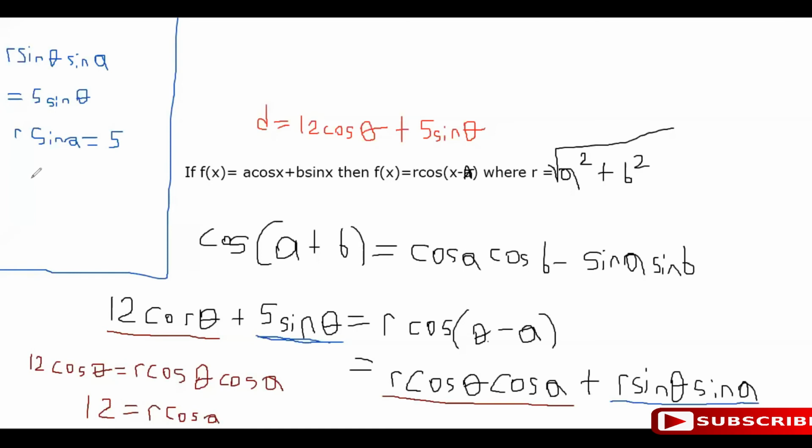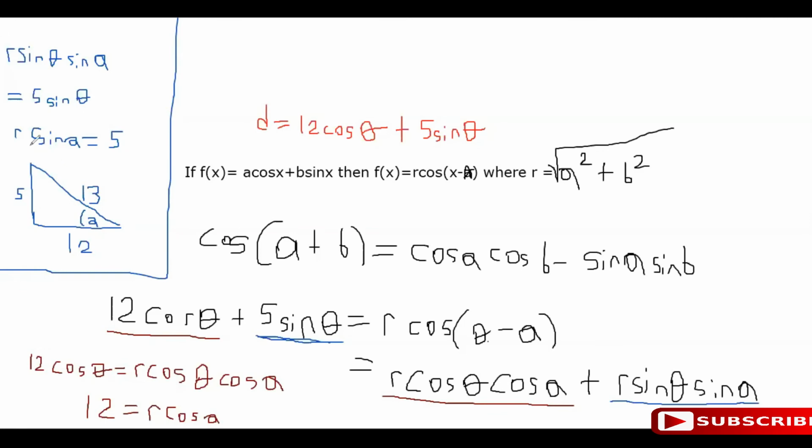So now we have a triangle, with some angle A. The opposite is 5 and the adjacent is 12. So the hypotenuse is the square root of 5 squared plus 12 squared, which gives us 13.